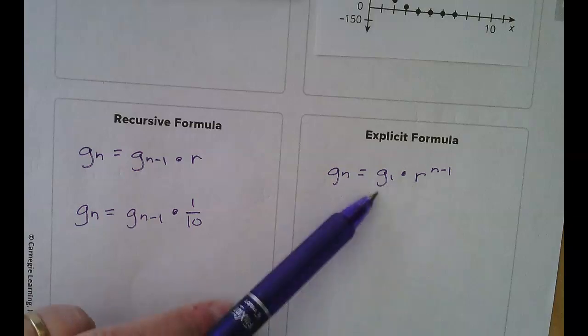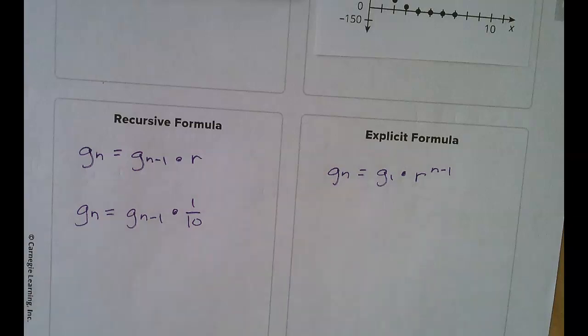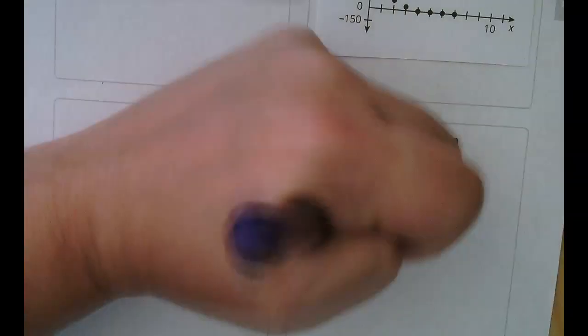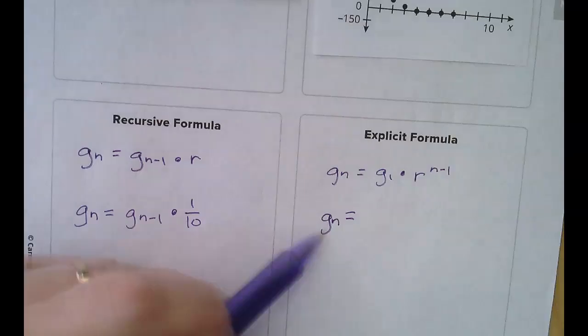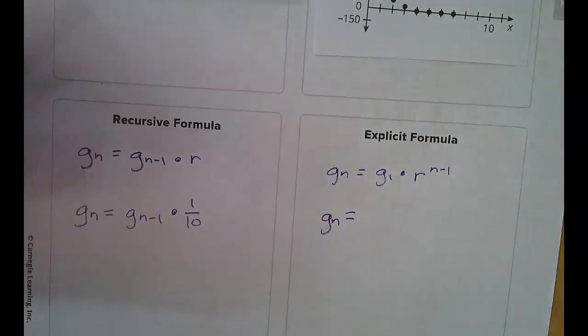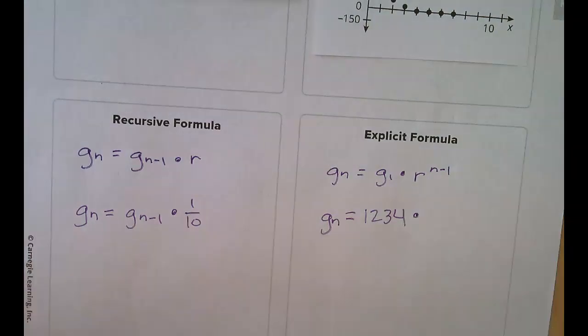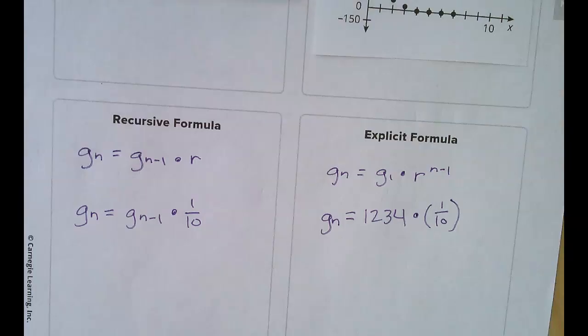Now, to write our explicit formula, we're going to need our first term, and we're going to use our r again. So G sub n equals G sub 1, which is our first term, which is 1234, times r, raised to the n minus 1 power.